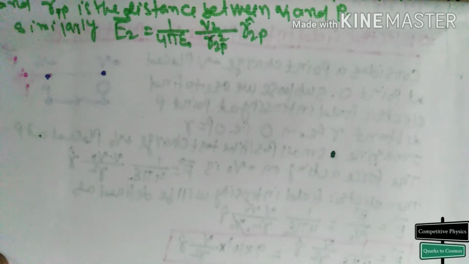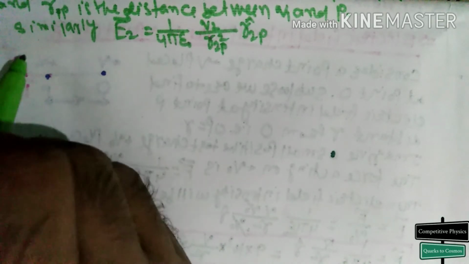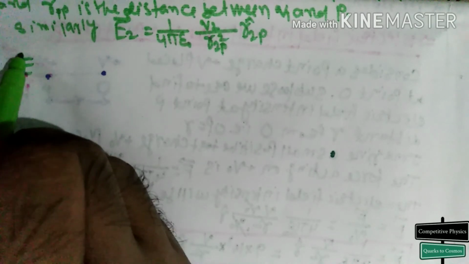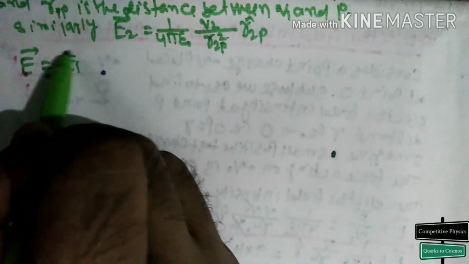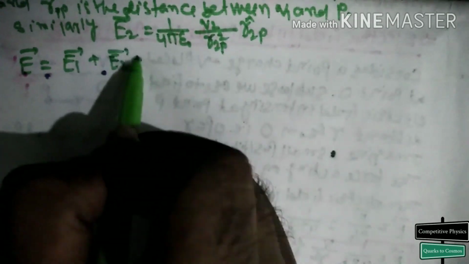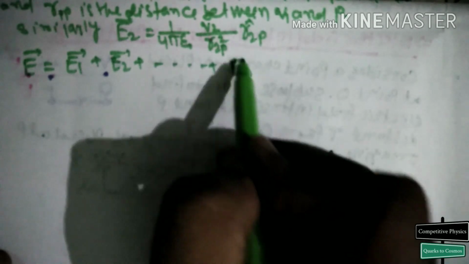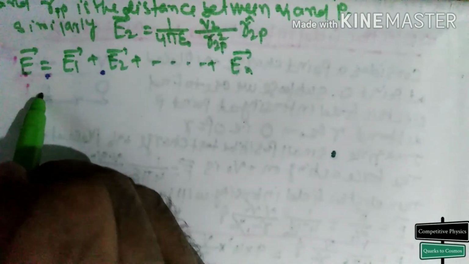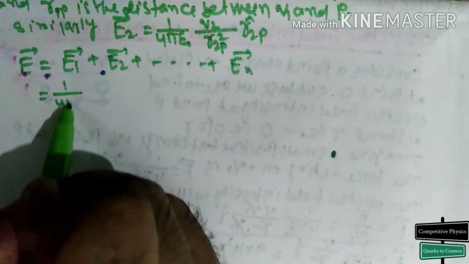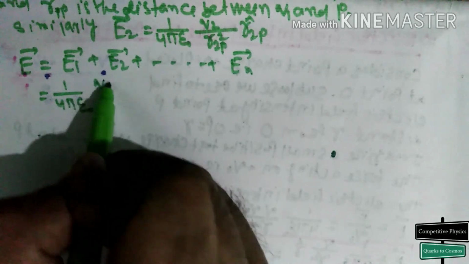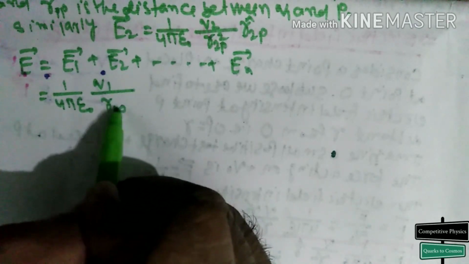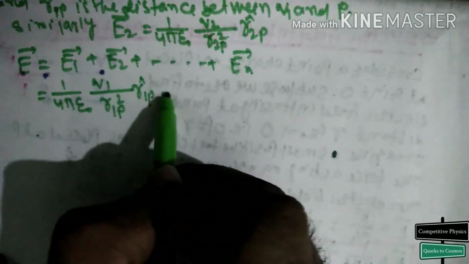So now, using superposition principle, you can write the net electric field at point P due to all other charges. So we can write this as E equal to E1 plus E2 plus and so on up to En. Okay, so what we have, E1 is 1 upon 4 pi epsilon naught Q1 upon R1p square R1p cap.